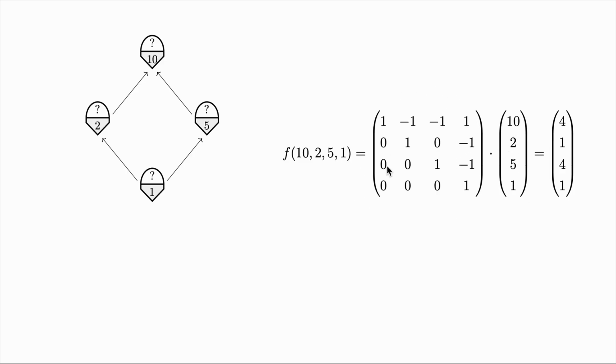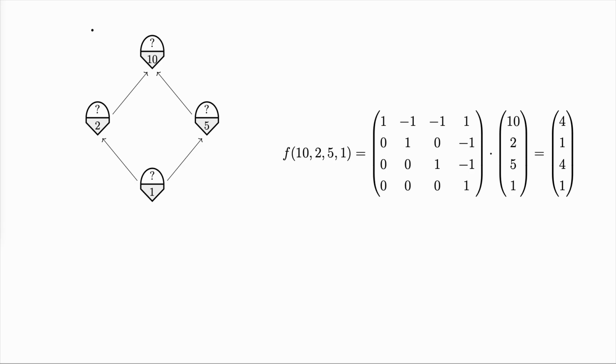This matrix times this input vector, which really just represents the sums right here, 10, 2, 5, 1, in that order, and we run this computation, we'll get this as an output, and this right here corresponds to the sums that we want.